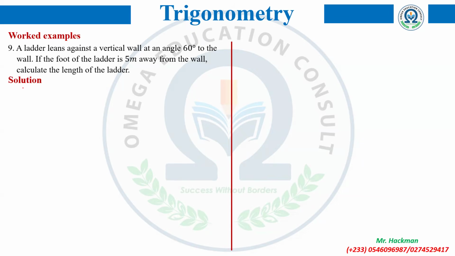So what do I do? I am going to first of all write the solution, then I'm going to draw my vertical wall. So this is my wall. All the information that you are dealing with, you'll be dealing with points and lines, basically. So if it is a vertical wall, you draw a vertical line. If you mention horizontal, it will be a horizontal line, and points are points.